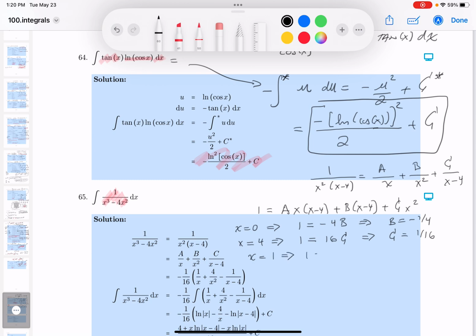You get 1. And then you get minus 3a. This is more difficult, by the way. And I chose 1, right? So you get minus 3b, which is plus 3/4. And again, it's 1, so it's going to be 1c. That'd be 1/16.